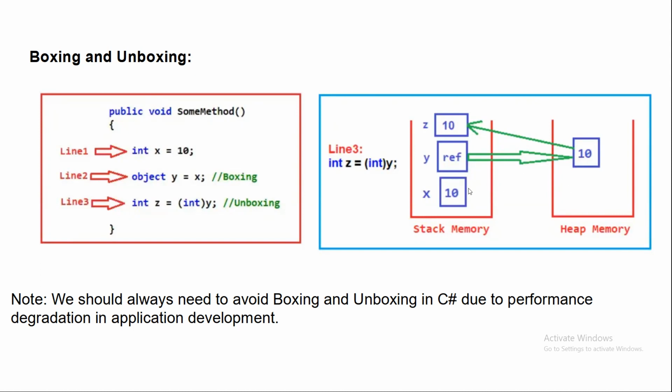That is the reason people generally try to avoid boxing and unboxing, because it's time consuming, an overhead for the compiler to refer to different memory locations and to assign or pass the values. Just a concept. Just remember, boxing is to assign a standalone variable value to an object. Unboxing is to assign an object reference or object value to a standalone variable.